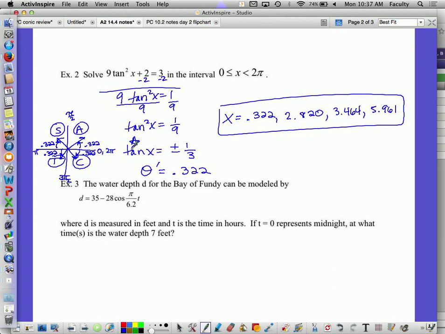I get the reference angle, and then you really put this in radians. I guess you could do it in degrees if you'd like, but that'd be a much more difficult conversion for your final answer. So let's try to work in radians if we can. Notice you're 0.322 away from the x-axis in each of the quadrants.